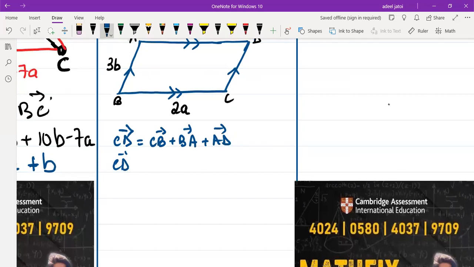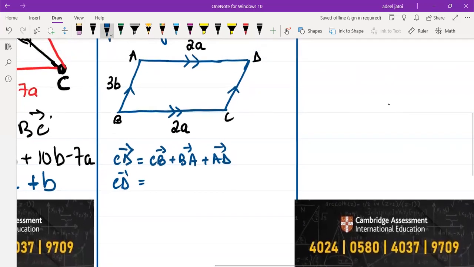So CD will be what? CB is opposite to the given direction. We need to go this way, but the direction is given on the right. So the magnitude will be negative. So this is going to be minus 2a.